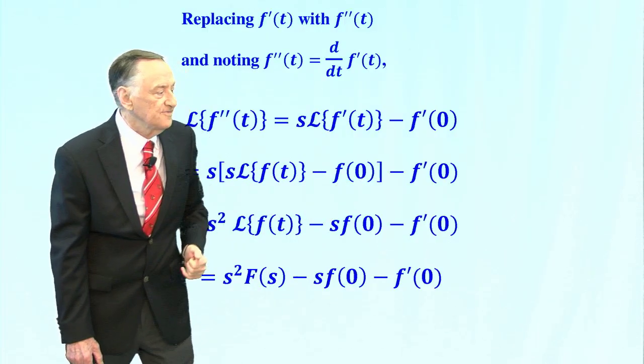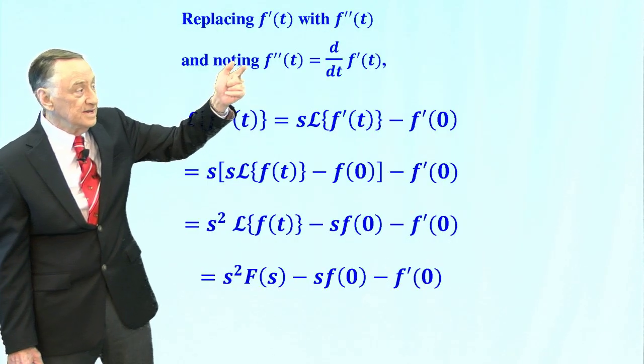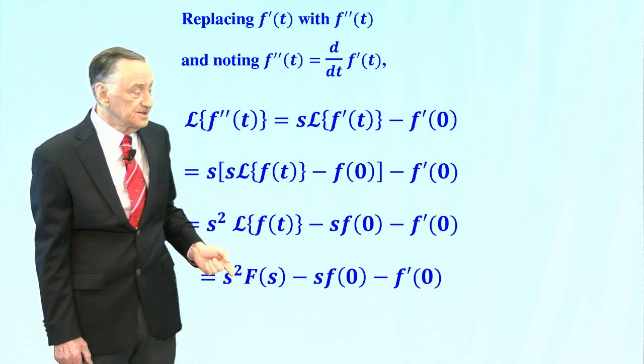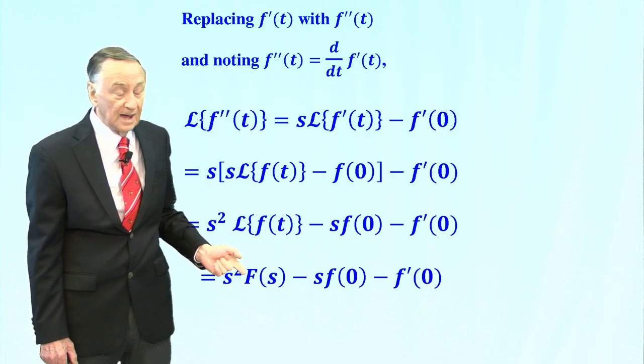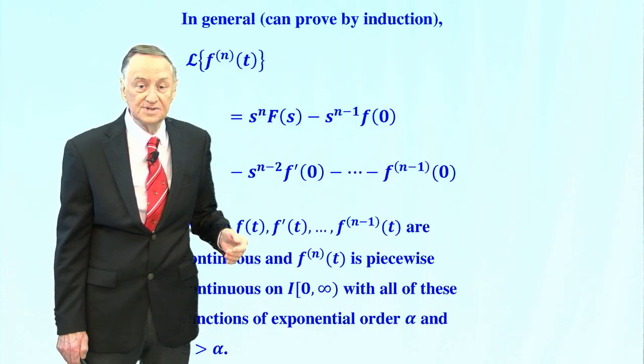0 minus f prime at 0. So we end up with this formula for the Laplace of the second derivative, s squared capital F at s minus f at 0 minus f prime at 0.